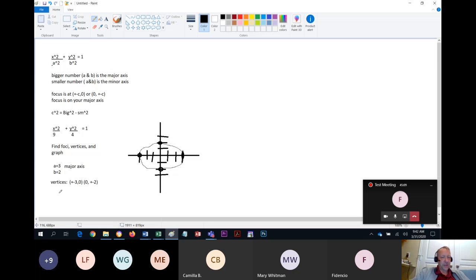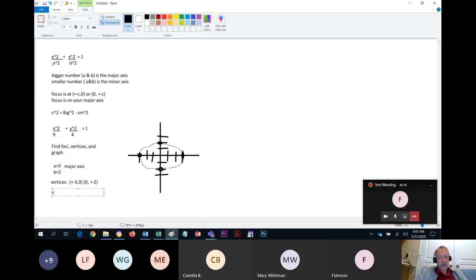I've got my vertices. Now I need to find my foci. In this case, c squared equals the big number squared minus the small number squared. So c squared equals 9 minus 4, so c squared equals 5.